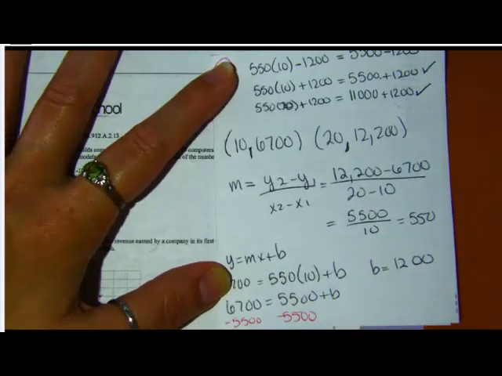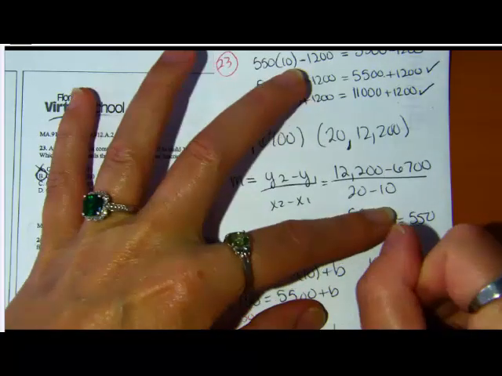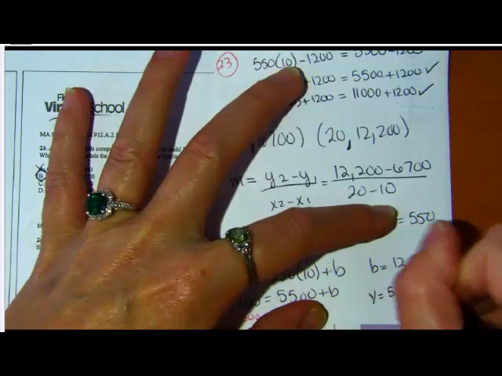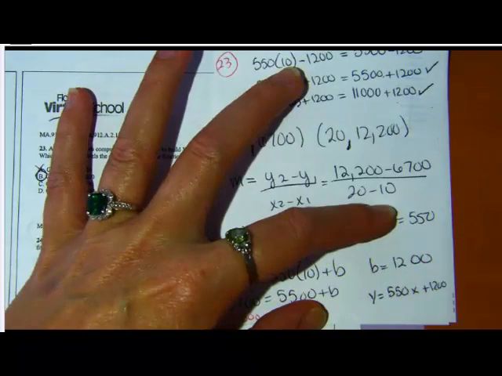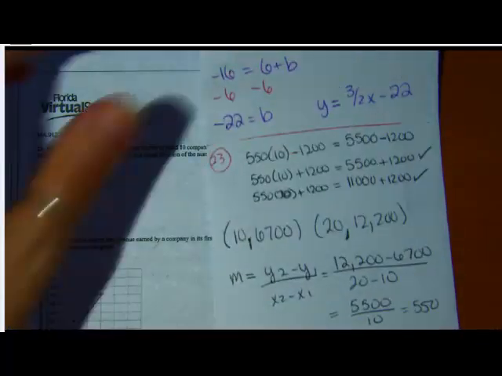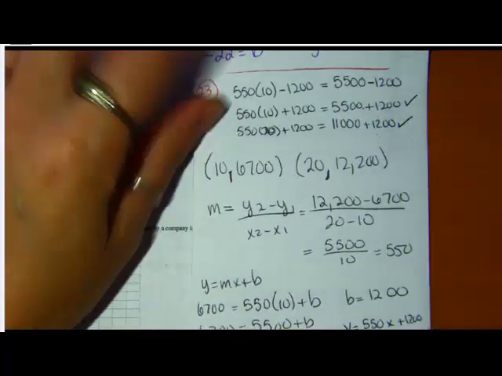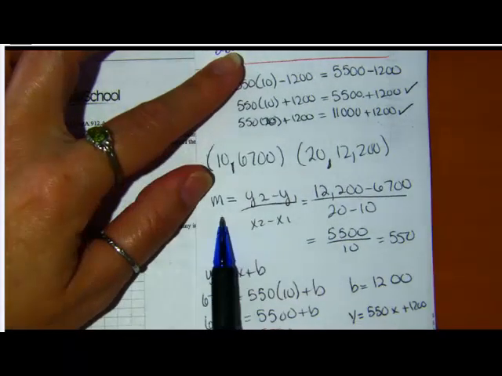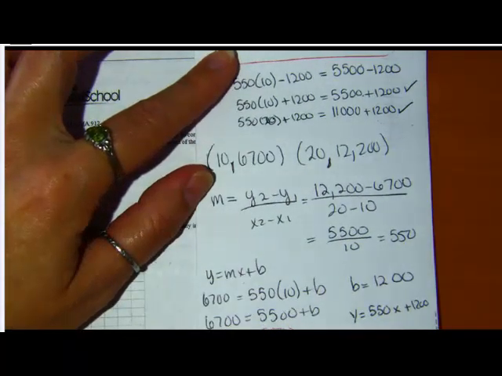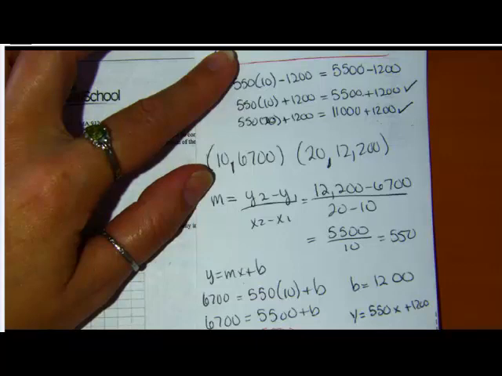That's how I would get my equation: y equals 550x plus 1,200. So if you had to do it this way because it wasn't multiple choice, that's what you'd have to do. You'd still use the slope and y equals mx plus b, which is always the steps you have to take anytime you're given 2 points. Slope, and then y equals mx plus b.